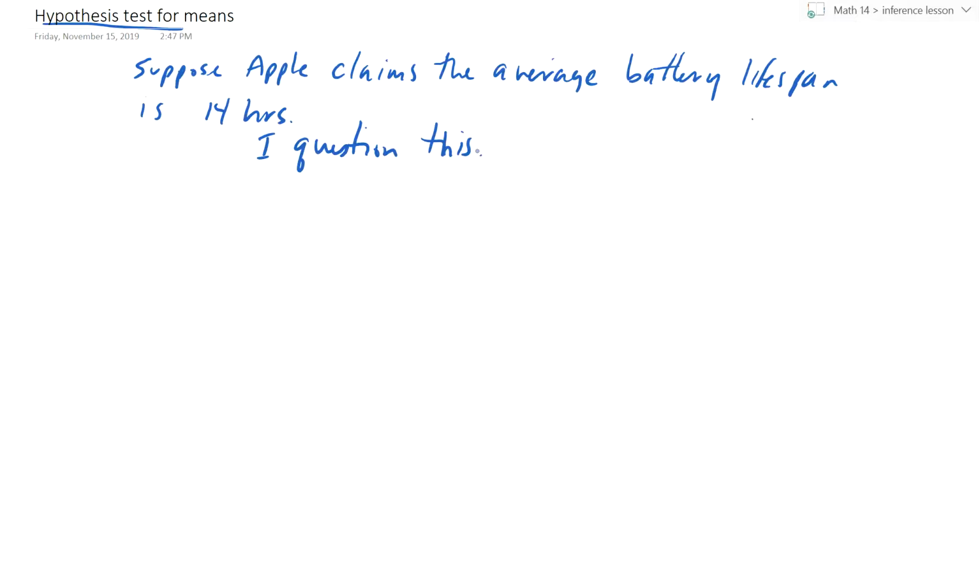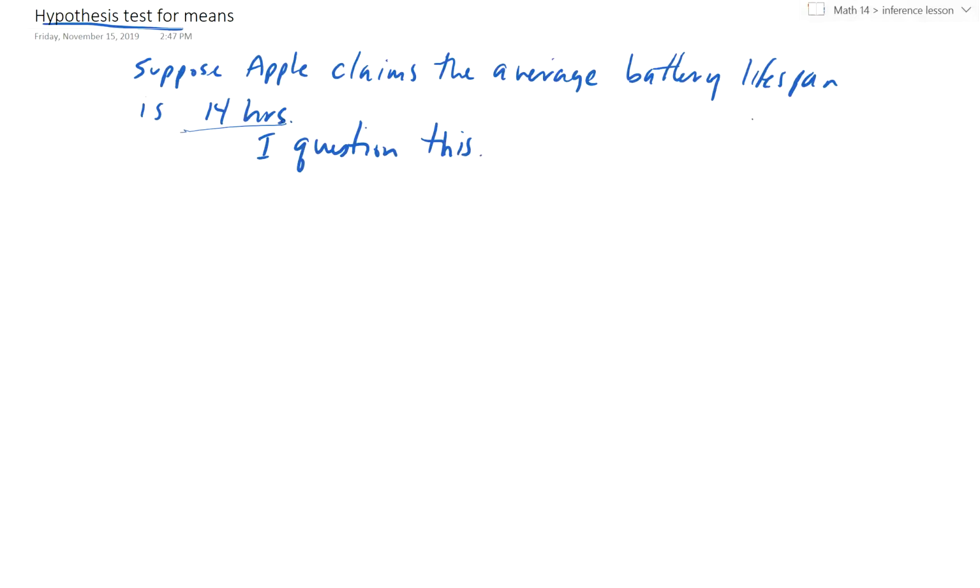I have my one phone and it only lasted 12 hours, say. Is that enough evidence to say that they're wrong? And the answer is no, not quite, because this says that the average battery life is 14 hours. So what I need to do is take a sample of phones and look at what the sample average is, and then compare that average to the 14 and see what that looks like.